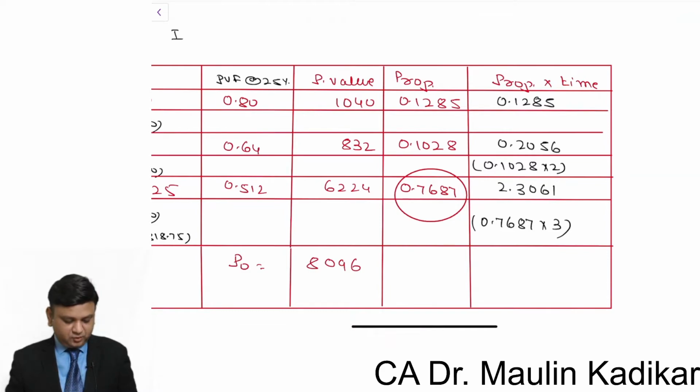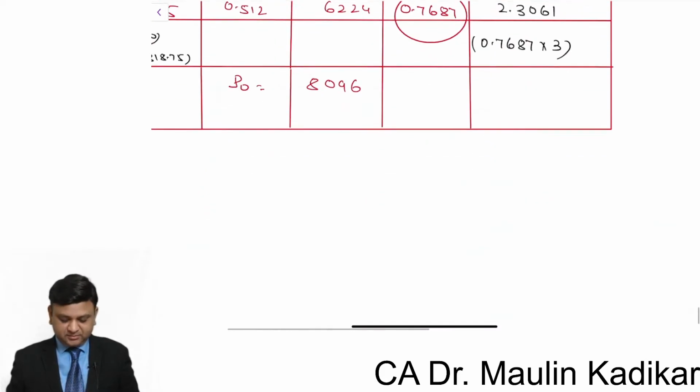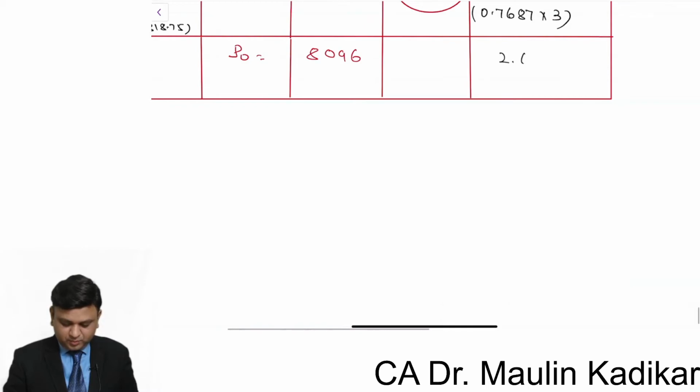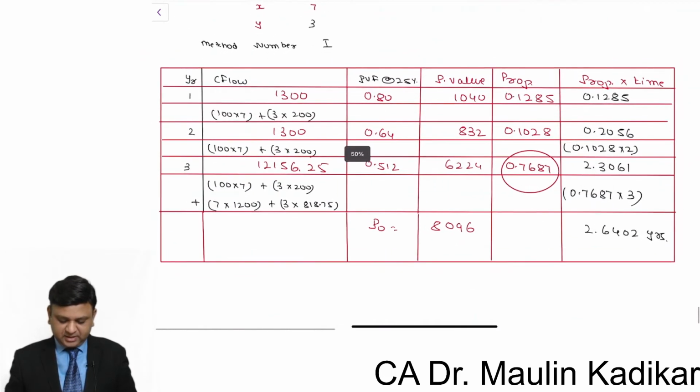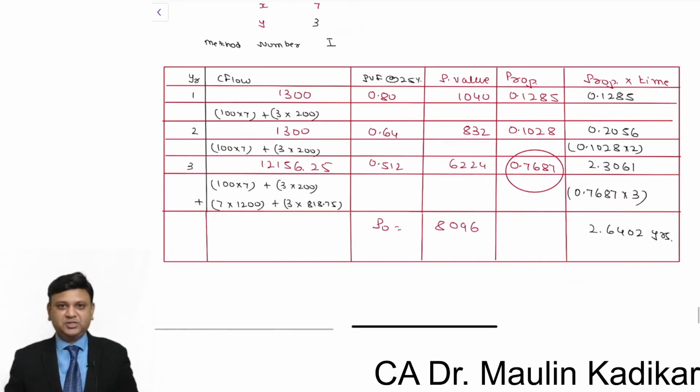So 0.1285 plus 0.2056 plus 2.3061, that comes to 2.6402 years. This is the first method by which we can make the computation of the duration of the portfolio.